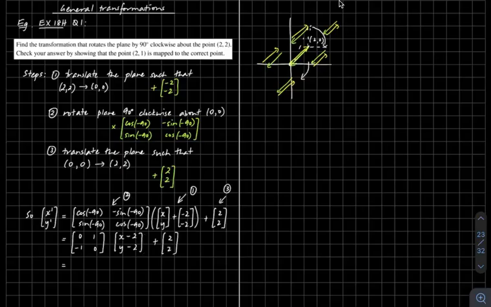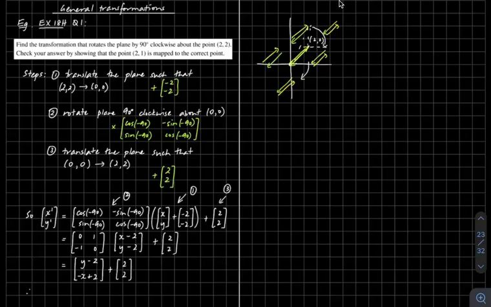So let's remove those. So doing the matrix multiplication here, we get 0 times that plus 1 times that, so it should be y minus 2, and then negative 1 times that, so that'll be negative x plus 2, and then 0 for the other one, plus 2, 2.